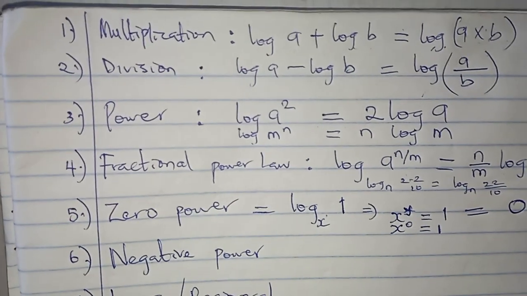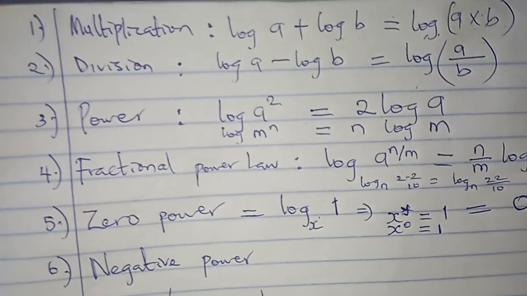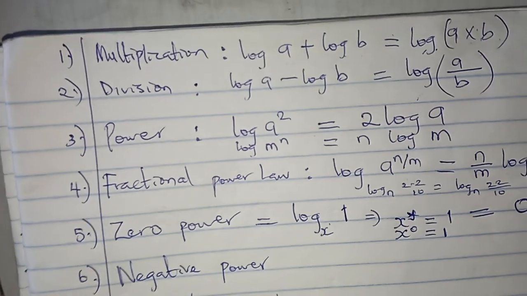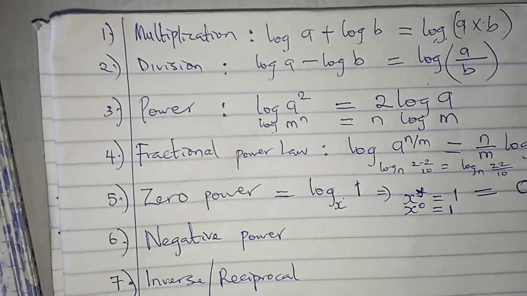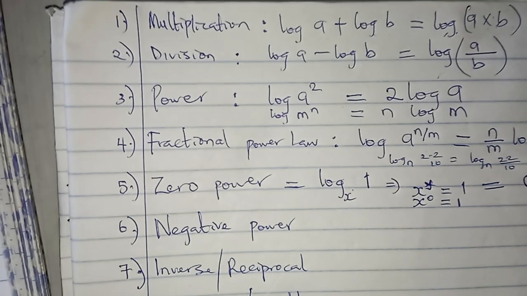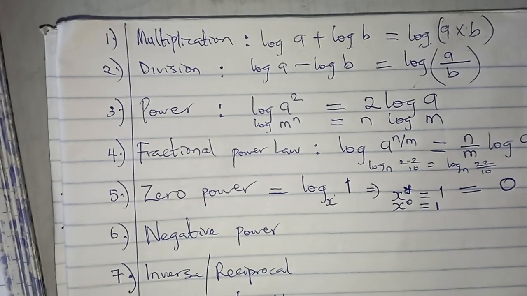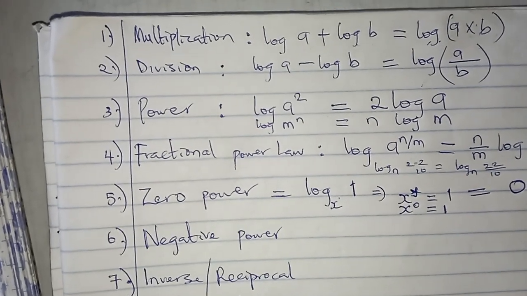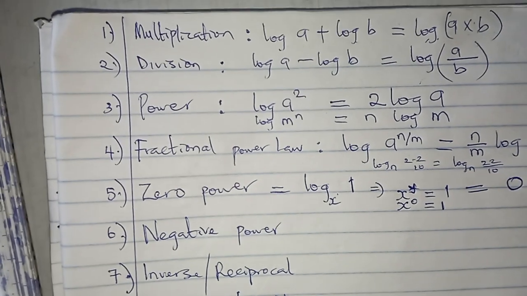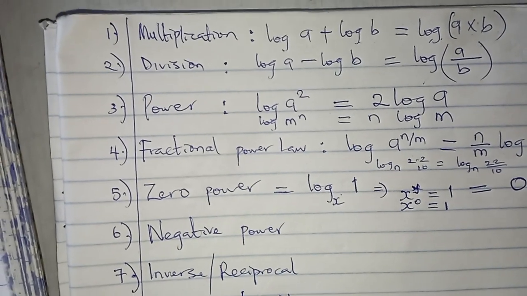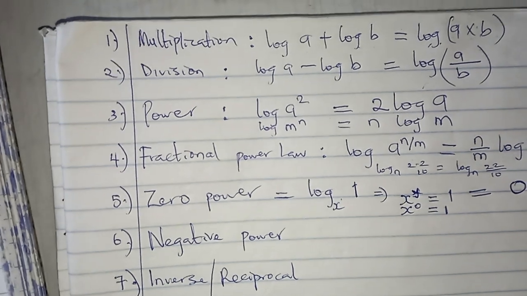So 2 raised to power 0 is the same thing as saying log of 1 to any base. So log of 1 means 0, or anything raised to power 0 is the same thing as saying log of 1 to a certain base.